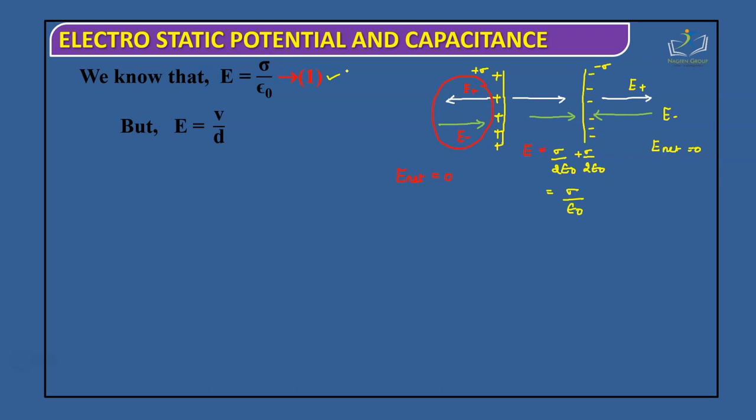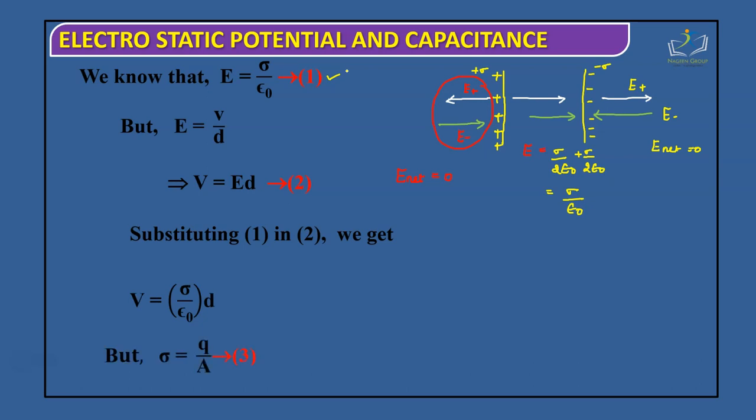This value comes from the negative gradient of the potential, or simply we can say it is the relation between electric field and potential. If you calculate the value of V from here, substituting the value of equation 1, we get V is sigma by epsilon naught into D, and sigma is Q by A. What is sigma over there?